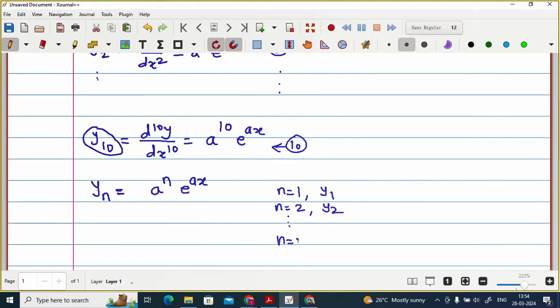If I put n as 10, I will get y10, that is the 10th derivative. So in short, if we have this type of formula for yn, then certainly we can work with nth order successive derivatives.